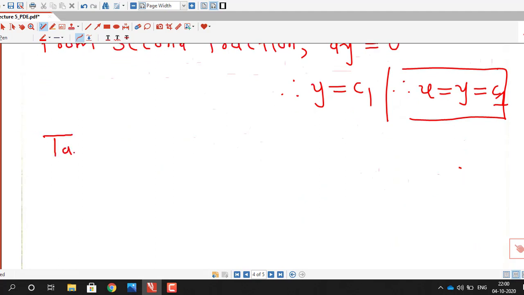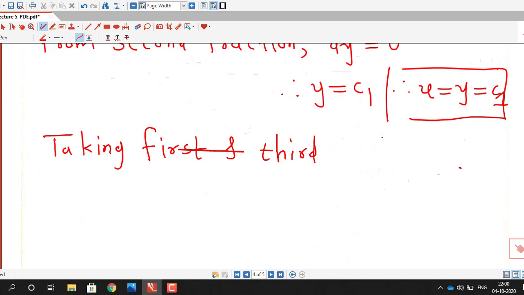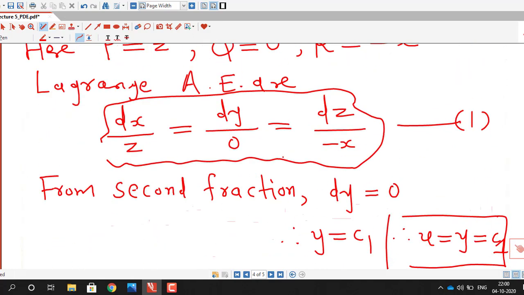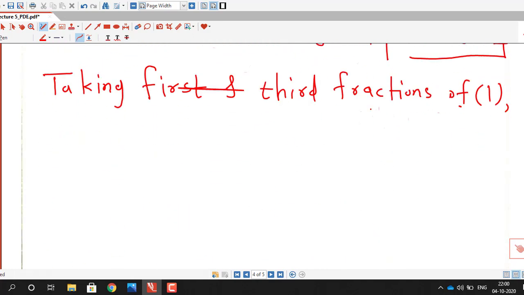So we have to write taking first and third fractions of 1. First fraction is dx upon z equal to dz upon minus x.